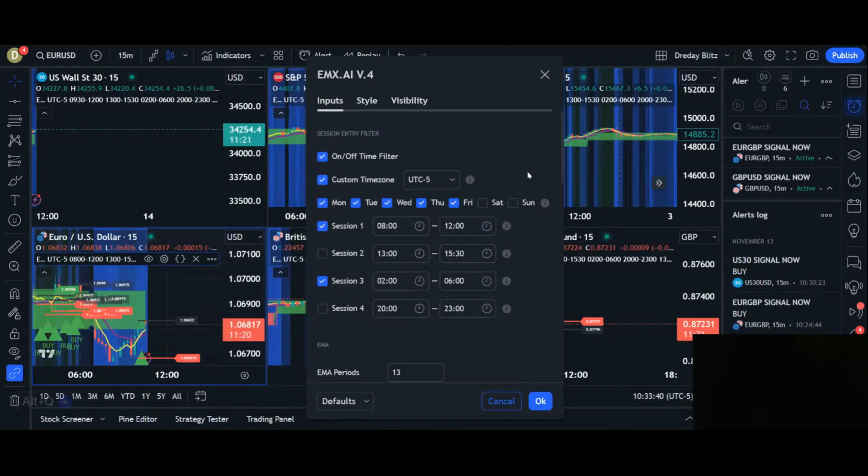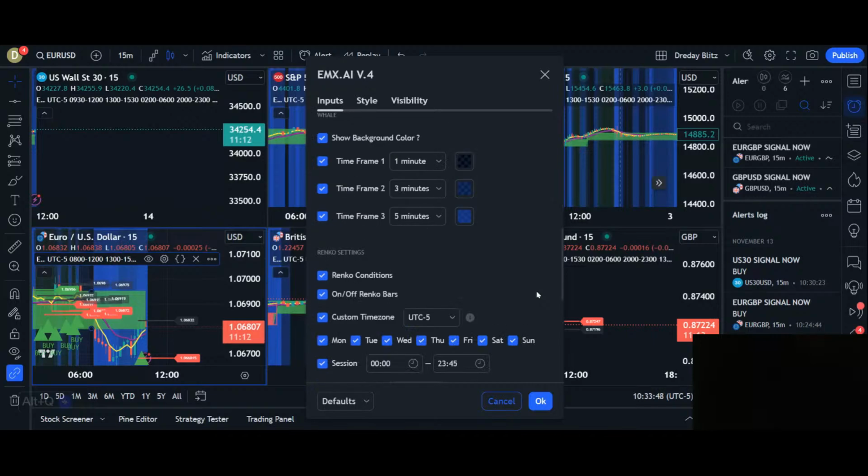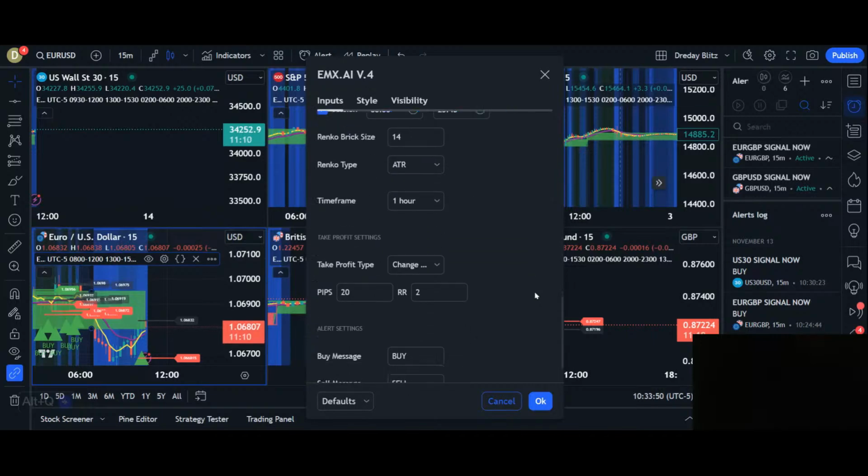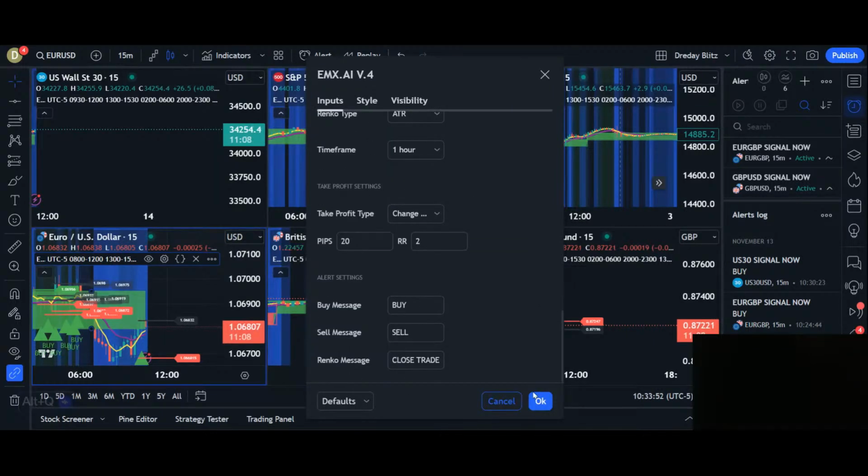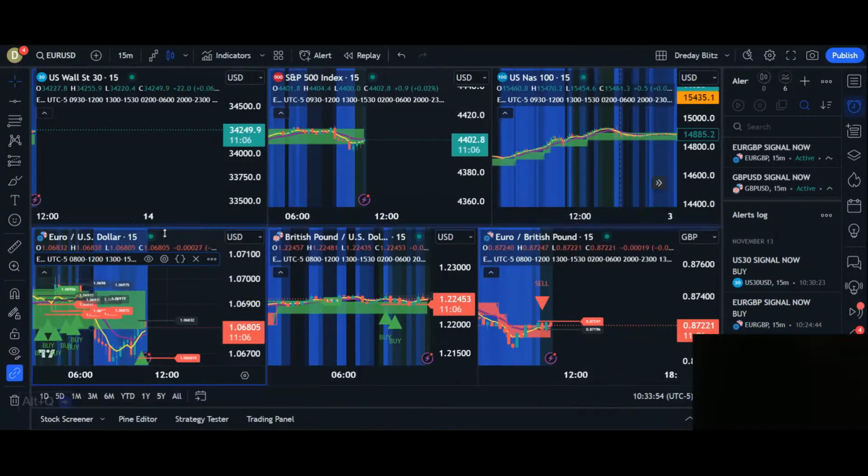Just going to look at the settings here just to make sure that everything is kosher. Okay. Kosher. Okay.